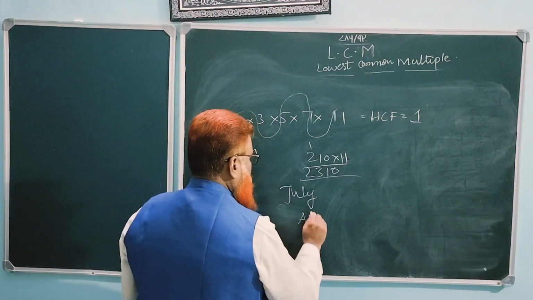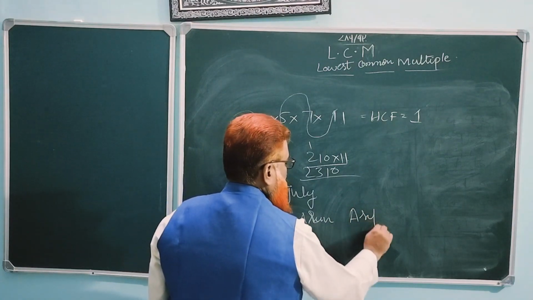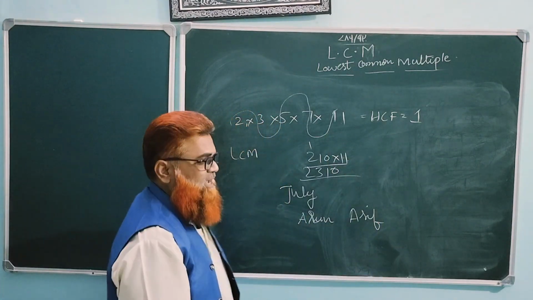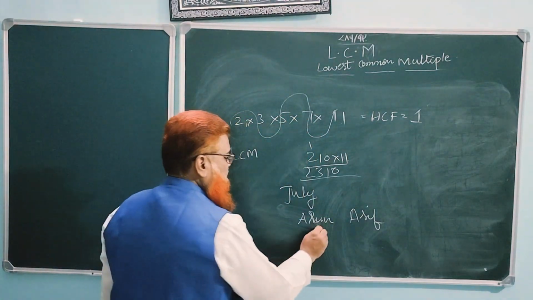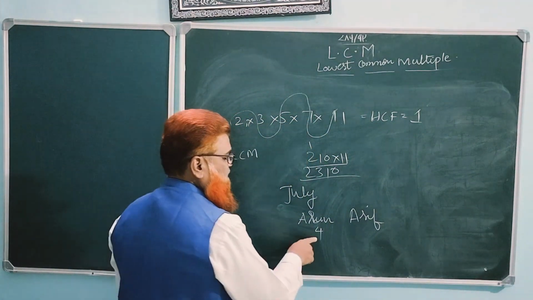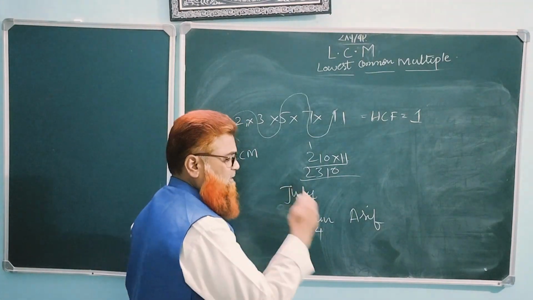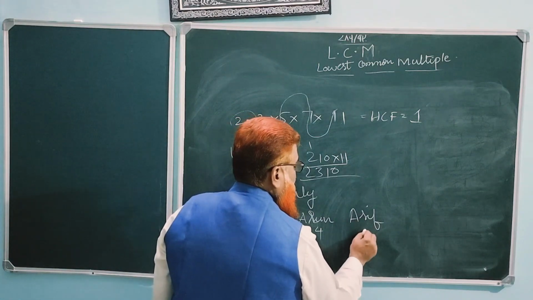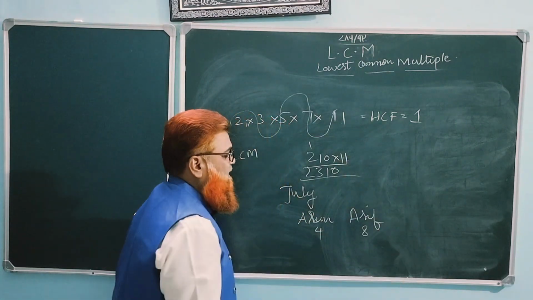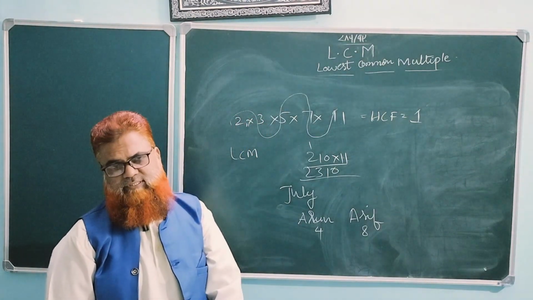Okay, Arun and Asif are two friends, isn't it? But they have planned that on the fourth date of the month of July, Arun is going to jog or visit the park, and on the 8th day of the July month, Asif is going to visit.